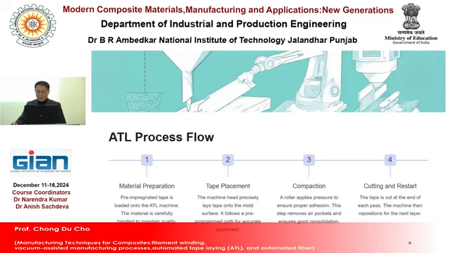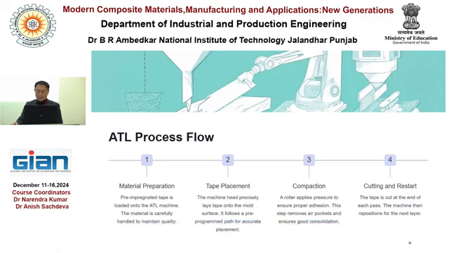And for compaction, it uses a roller on the robot hand. The roller on the robot hand applies pressure to ensure proper adhesion. In hand layup, we use a hand roller.